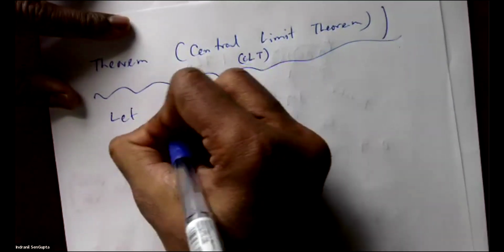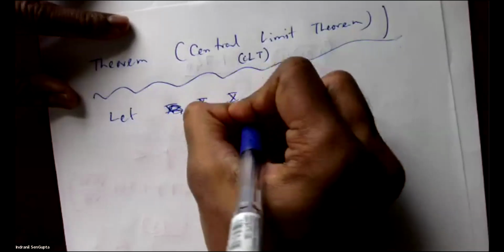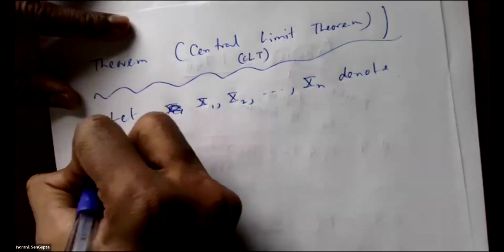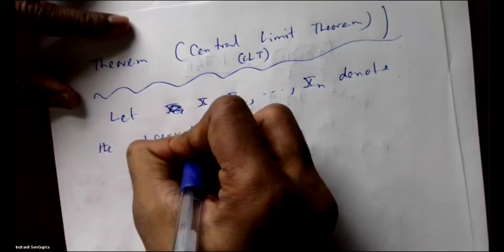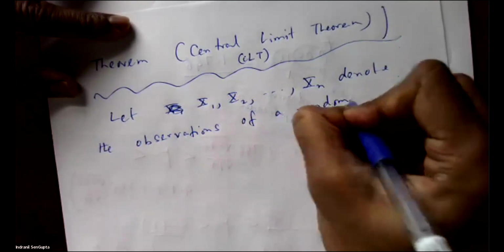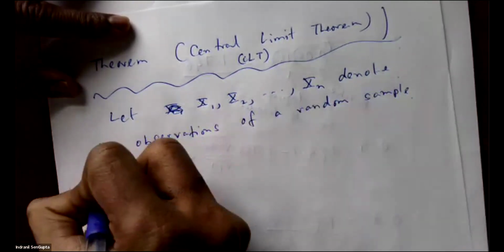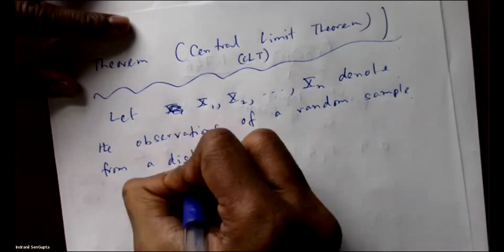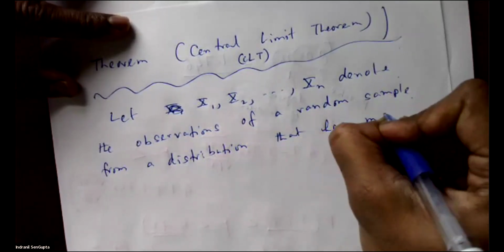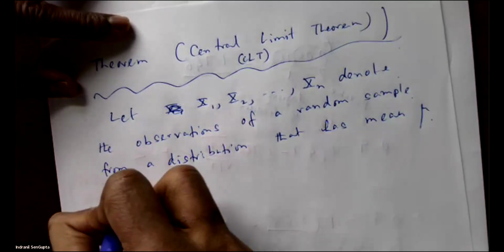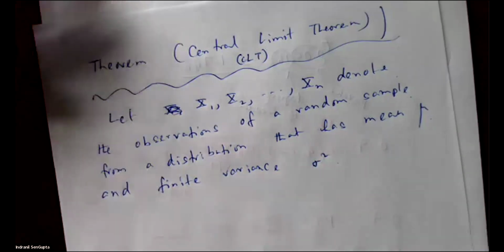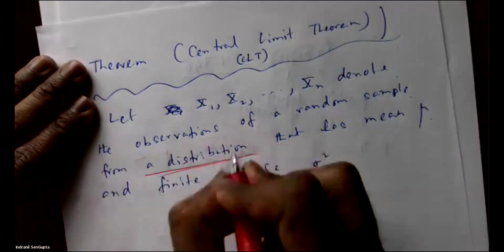Let x1, x2, ..., xn denote the observations of a random sample from a distribution that has mean mu and finite variance sigma squared. Note that it's drawn from a distribution. We are not assuming that distribution is normal.